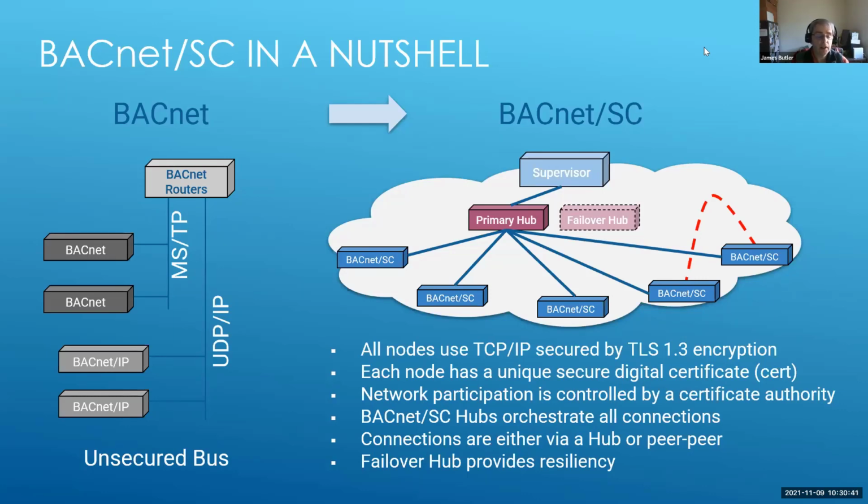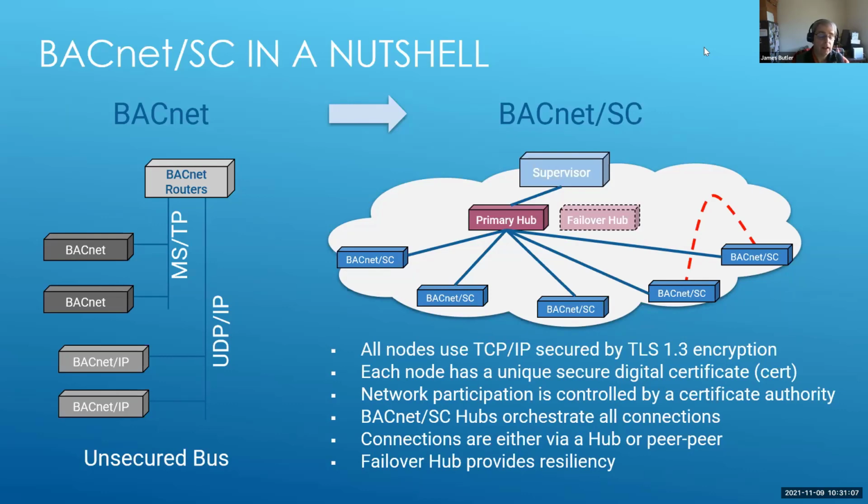Now, the key point about BACnet systems today is that I can come along with a new device and attach it either to the MS/TP network or to the IP network, and I have effectively joined the network. There are essentially no barriers to me doing that from a security standpoint.